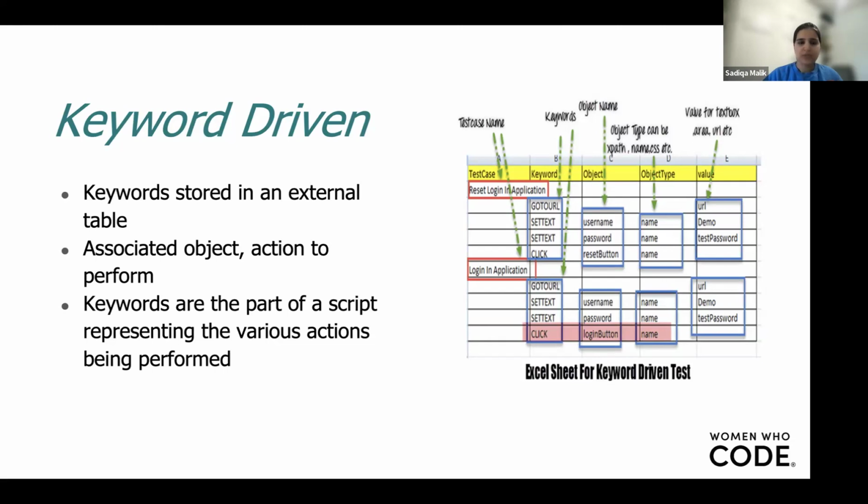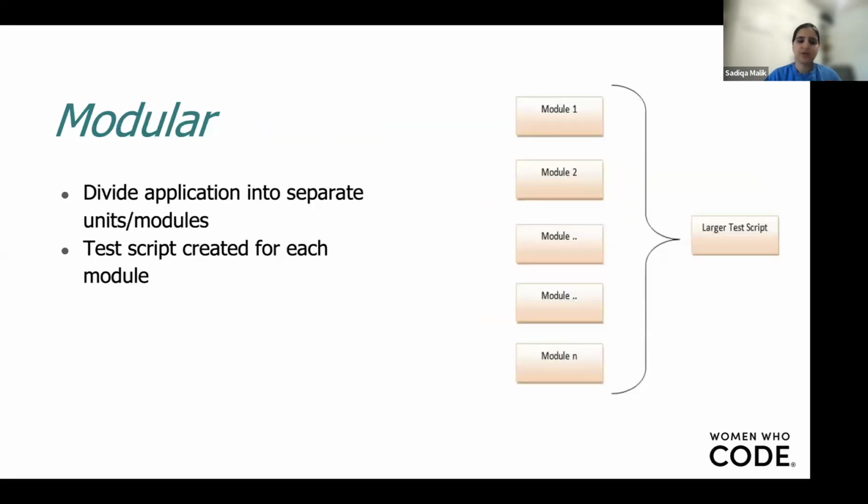So moving on from keyword driven, we have a modular framework. So in modular framework, what you're going to do is the application that you're testing, right? You're going to divide it into smaller functionalities or features or units. So your larger application, you divide it into multiple modules, small modules, and for each module, you're going to write your test scripts.